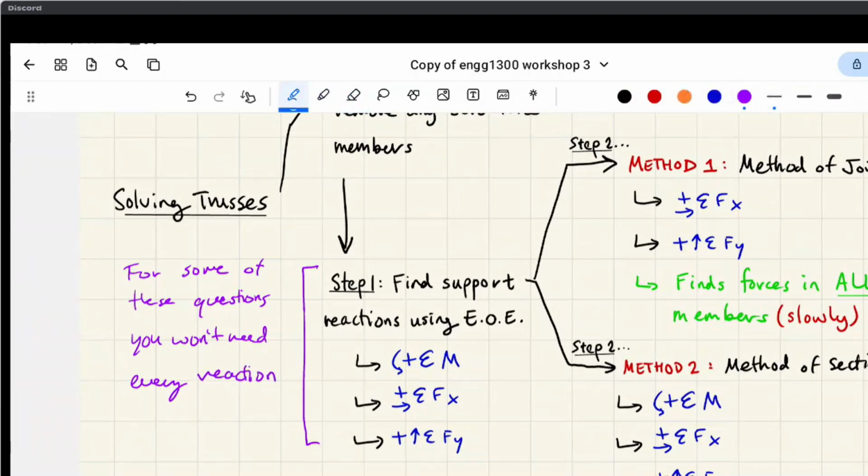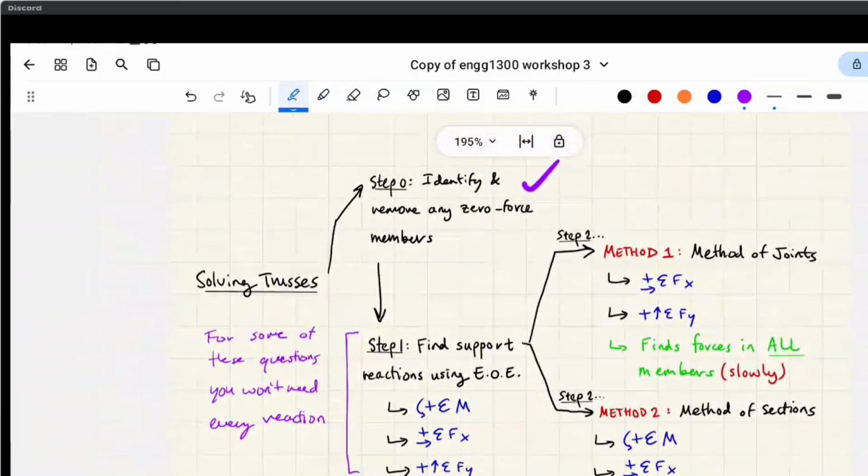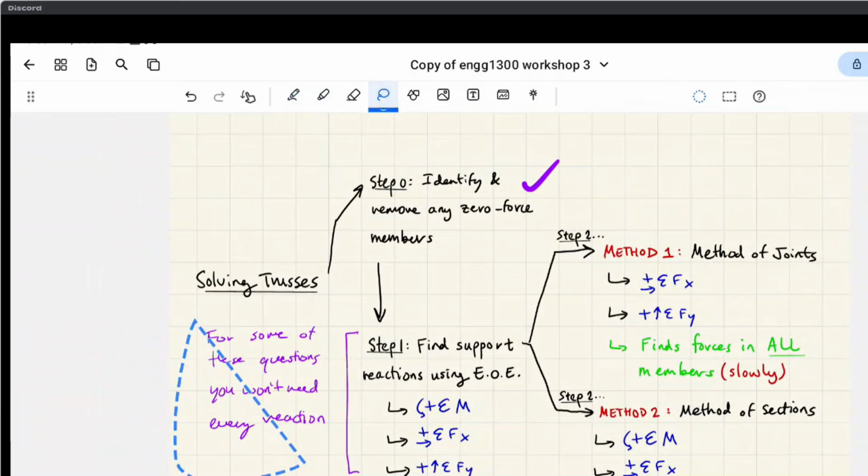How the questions are worded, they're interested in the axial forces in each of the members. They're usually not interested in what the reactions are. So if you don't need the reactions to solve the question, getting them is a waste of time, so keep an eye out for that.